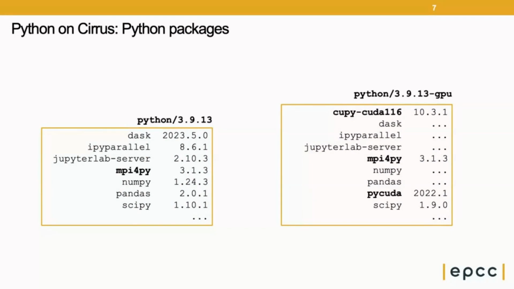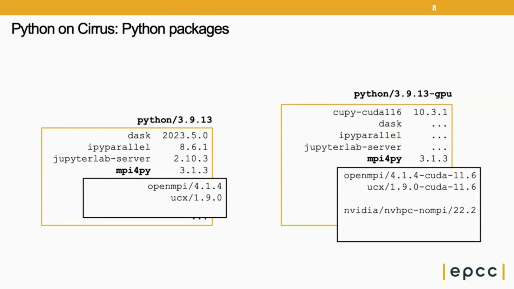And for an example, for a Python module for the GPU nodes on the right, we've got a similar set of packages, but also includes ones specifically for the NVIDIA GPUs, and that's the CuPy, CUDA 11.6, and the PyCUDA modules.